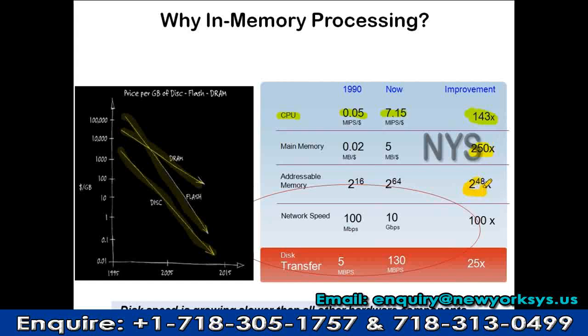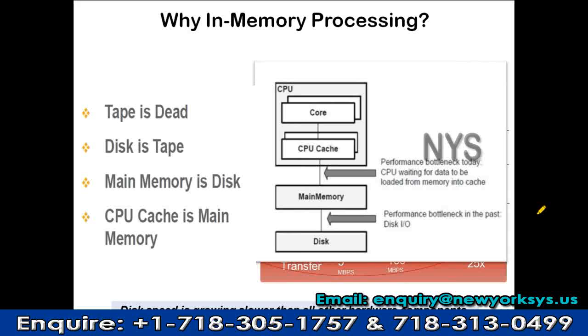Addressable memory, 2 to the power 48x. Network speed, 100x. Disk transfer, 25x faster. To summarize, disk speed is growing slower than all other hardware components, while the need for speed is increasing. That is another motivating factor for why we are talking about in-memory nowadays.